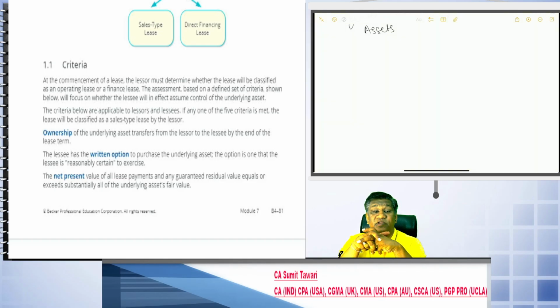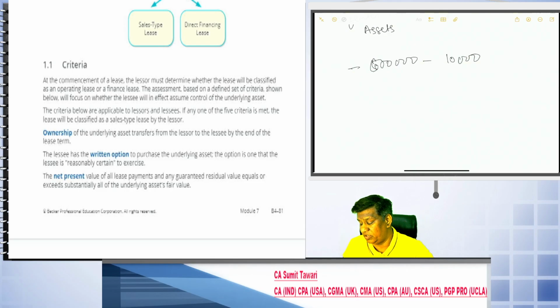Then the net present value of the lease payment and any guaranteed residual value equals or exceeds substantially all of the underlying asset value. Okay, guaranteed residual value means the scrap value. Say an equipment is bought, the cost is 5 lakh and 10,000 is the scrap value.